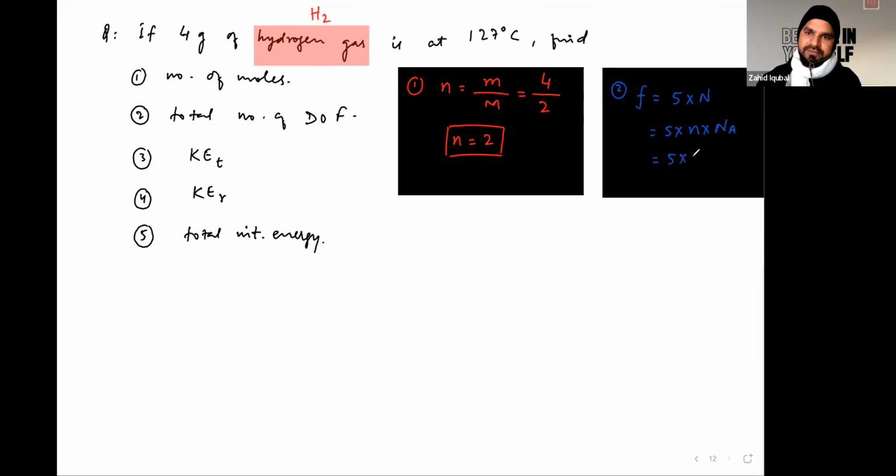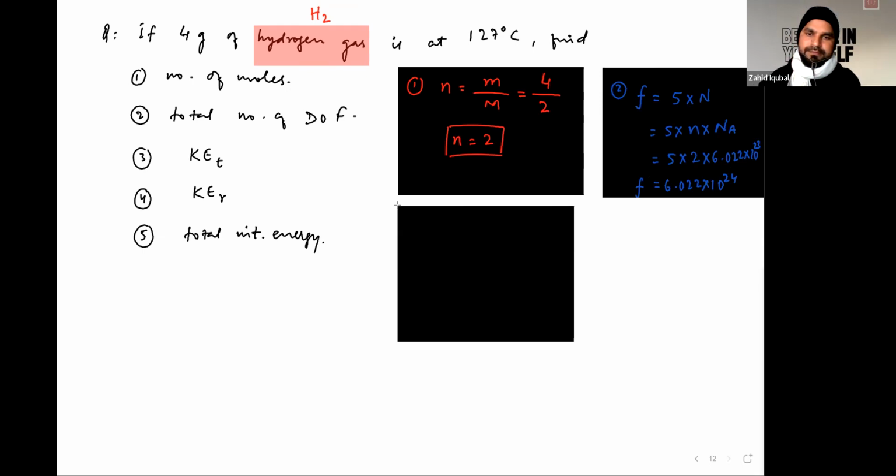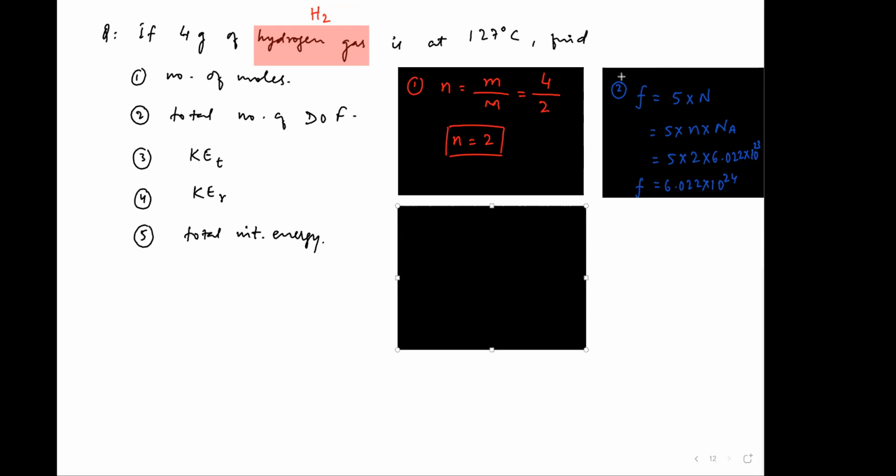So it will become 5 times 2, the number of moles, times 6.022 into 10 raised to 23. If you simplify it, you'll get 10. So it will become 6.022 into 10 to the power 24 total degrees of freedom in this entire hydrogen gas. Is it clear? Yes, sir.